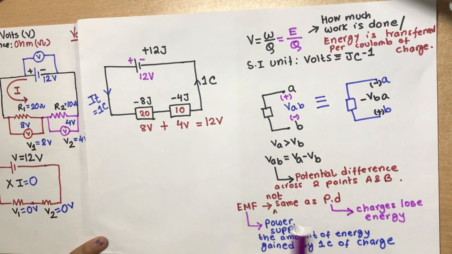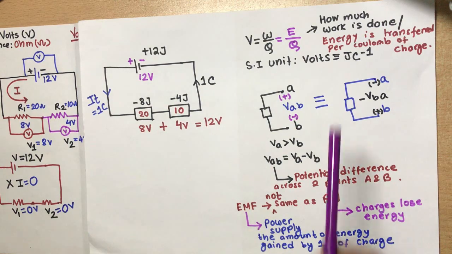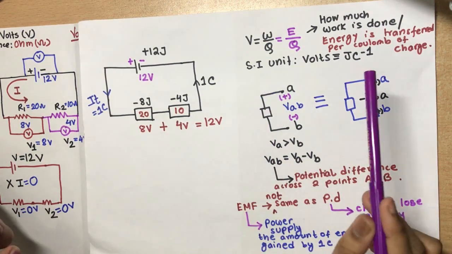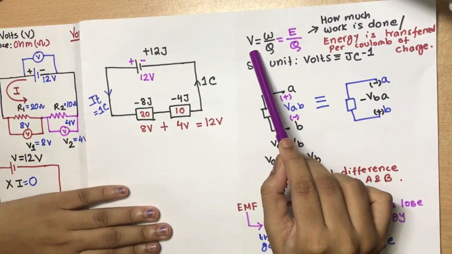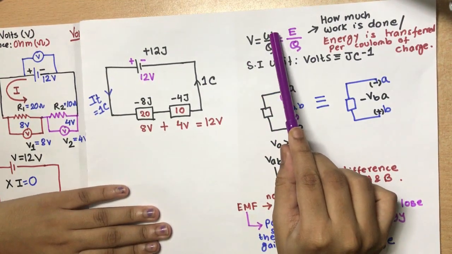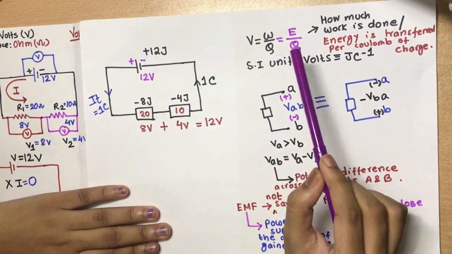So today's lecture is a continuation of the last lecture. But before considering the circuit diagram, we are going to look at the definition of voltage. So what is voltage? Voltage V is defined as the work done or energy transferred per coulomb of charge.